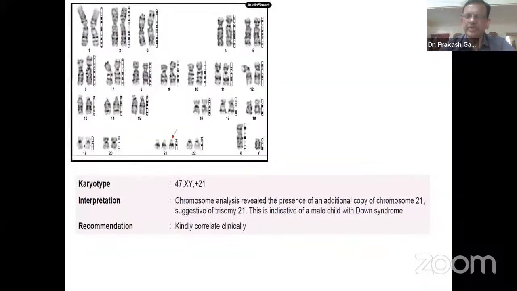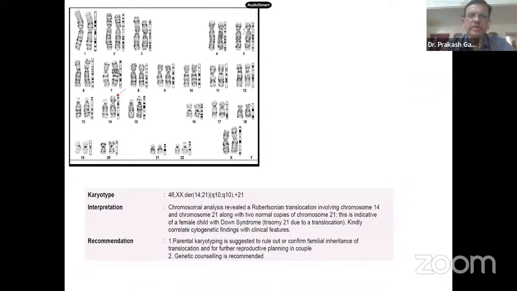And then there is another type of Down syndrome, where we call it a derivative chromosome because this is not a normal chromosome. This derivative chromosome is formed because one of the 21st chromosomes has gone and attached to the 14th chromosome. So this is a 14th chromosome with an attached 21st chromosome.